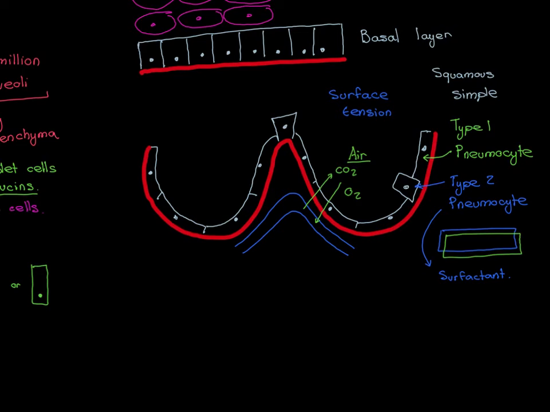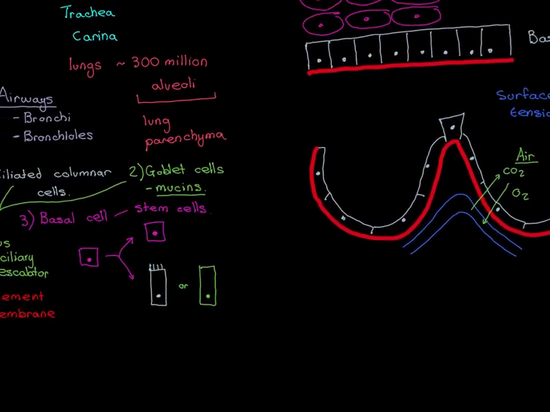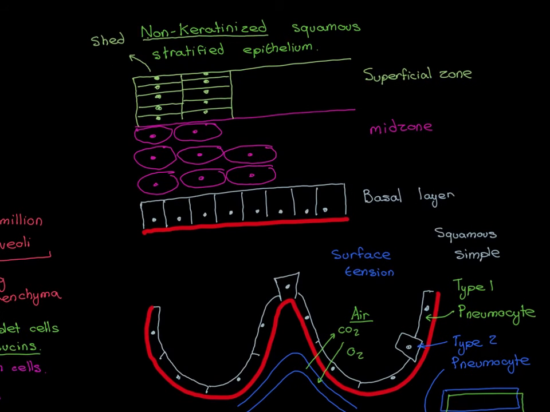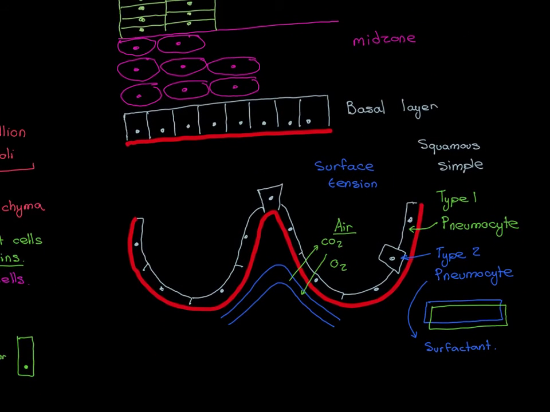Okay, so I just want to finish my discussion of the histology of these epithelia by talking about the fact that underneath the basement membranes, in the case of all of these epithelia, so the respiratory epithelium, the non-keratinized squamous stratified epithelium, and the alveolar epithelium, and I should just put that as the title here, this final epithelium we will be calling from now on the alveolar epithelium.